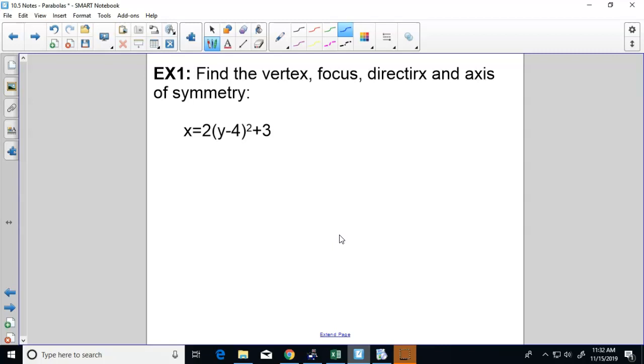Whenever it opens down, that means our x squared is negative. So here we're going to look at our y. It's not multiplied all the way out, but y right here is going to be positive. You're going to square it, and then multiply it by positive 2. So your y squared is positive, so our parabola is going to be a parabola that opens to the right.